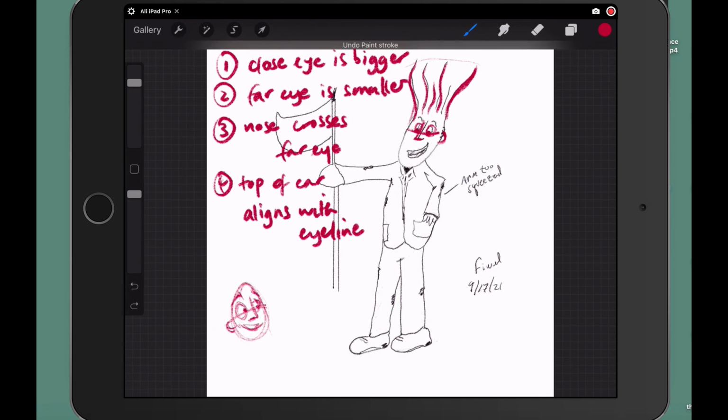But if they are curved downwards in any way, so frowning eyebrows like this would touch the top of the eyelids. Sad eyebrows, kind of like this, will touch the top of the eyelids. Questioning eyebrows or kind of curved eyebrows like this will touch the top of the eyelids. So that is just also something to remember.